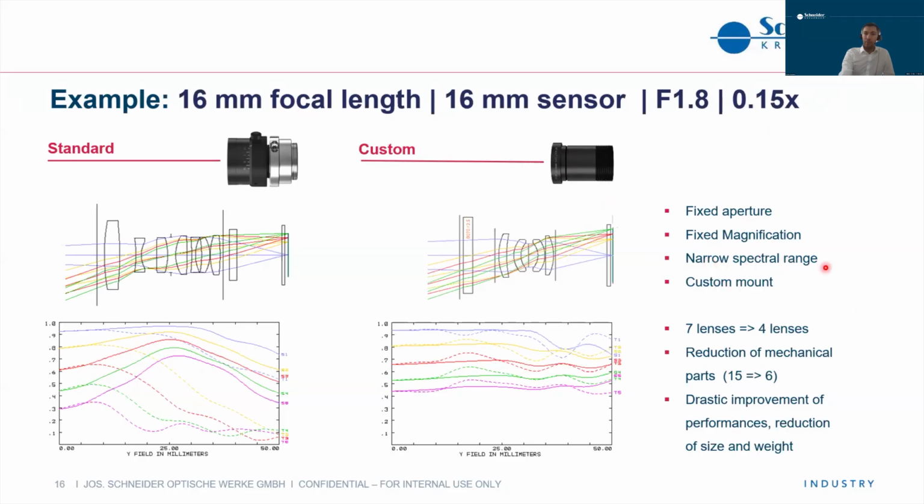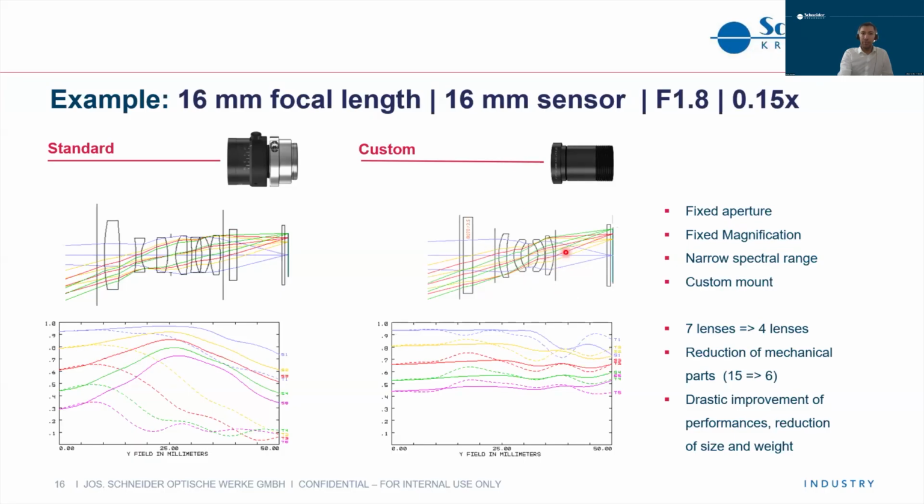He only has also a red LED, and he doesn't need a C mount. He has his custom mount, and he is happy to glue it in place. So as you can see, when we optimize a standard lens to work for this application only, then we go from a 7-lens design to a 4-lens design.